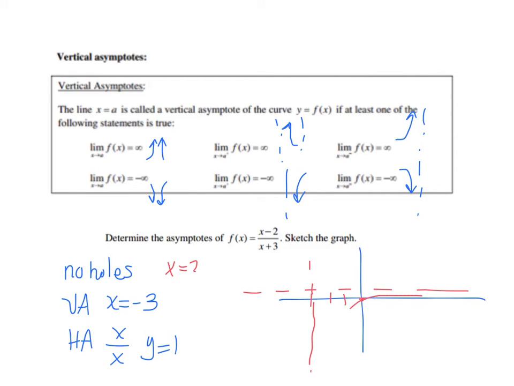So it's going to look something like this. Okay? So what would be the limit there? Well, there would be no limit, right, because it's opposite directions. The limit from the left would be positive infinity, and the limit from the right would be negative infinity.